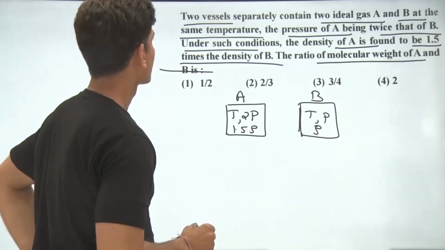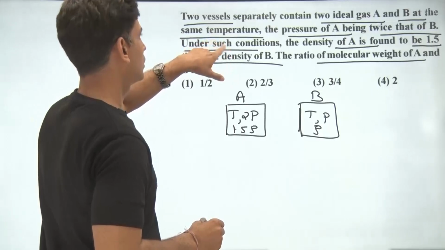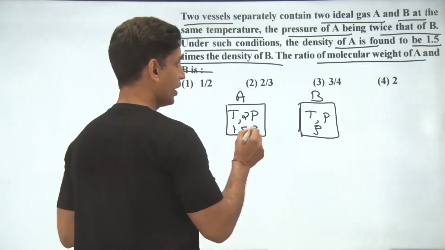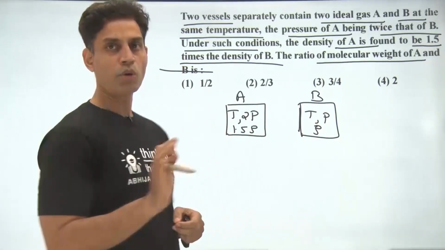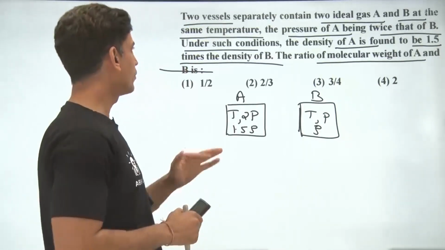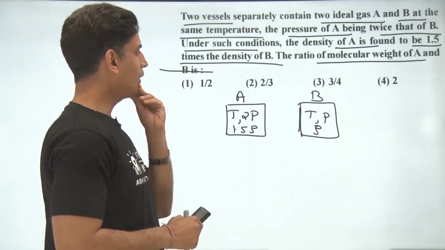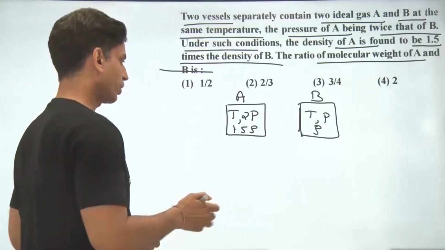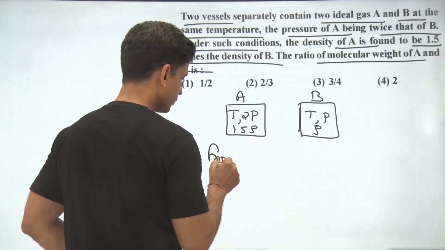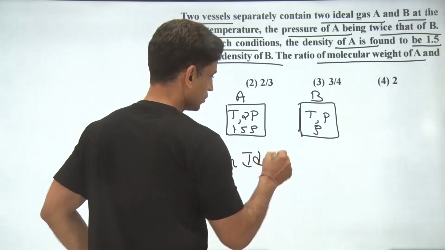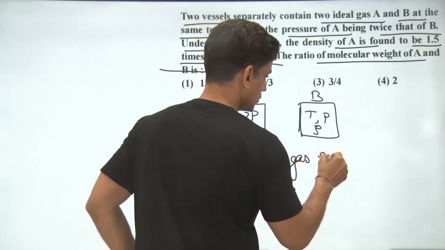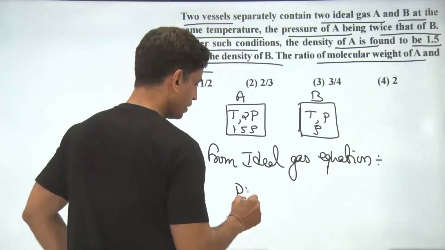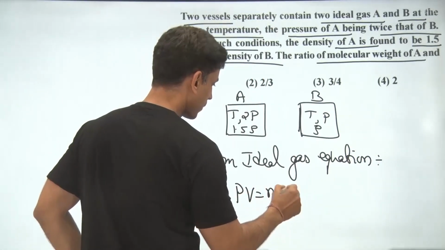The question is asking MWA by MWB, that is molecular weight of A by molecular weight of B. But nothing has been said about the volume. Now from the ideal gas equation, PV equals nRT.